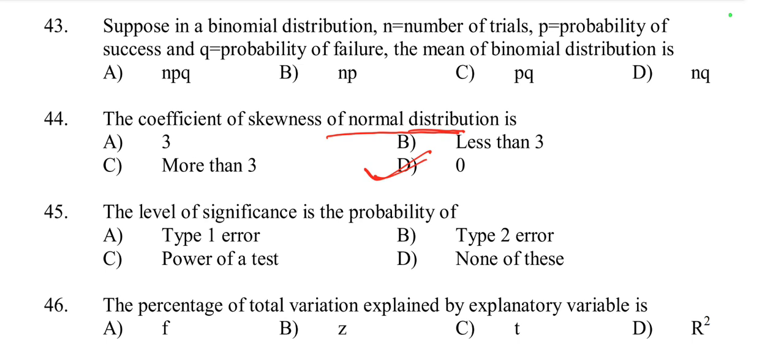When it is symmetric, the skewness is 0. If it is not symmetric, then it is either positively skewed or negatively skewed. But the normal distribution has this type of shape, so it is symmetric and the skewness is 0. So option D is the right answer.